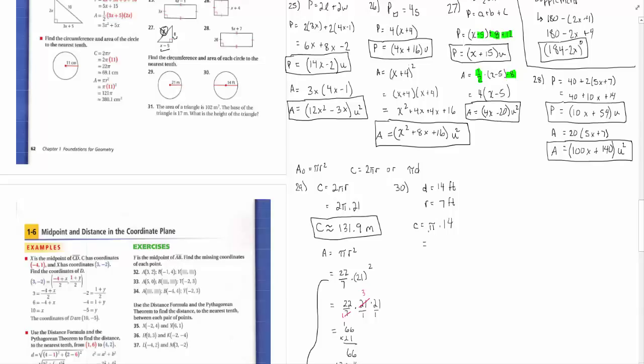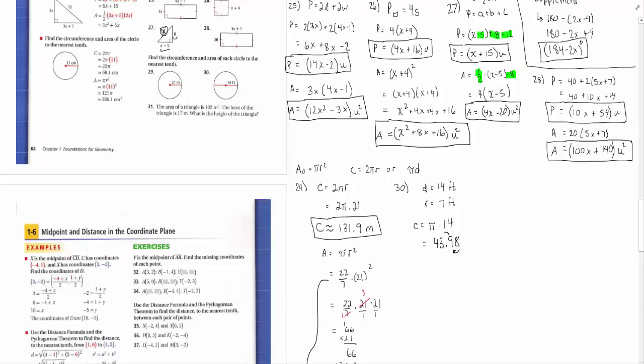Alright, so in this case, we're just going to go 14 times pi. So 14 pi is 43.98. So I'll write that out before we round it so you understand how to round this correctly. So that's 43.98. Now we round to the nearest tenth. So this 8 would tell me to round that up, that 9 to a 0. But that 0 is actually not a 0, it's a 1.